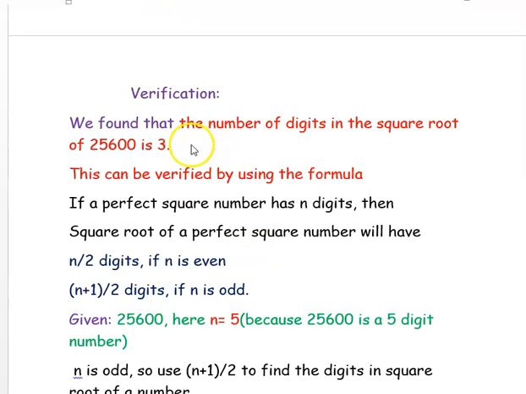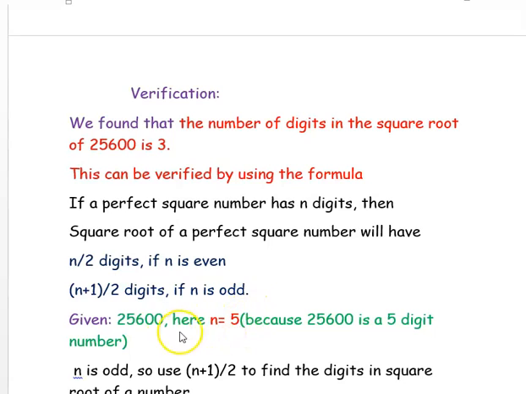Now let's verify our answer by using the formula method. We found that the number of digits in the square root of 256 is 3, and we are verifying this by the formula method. For the formula method, if a perfect square number has n digits, then the square root of the perfect square number will have n by 2 digits if n is even, and n plus 1 by 2 digits if n is odd.